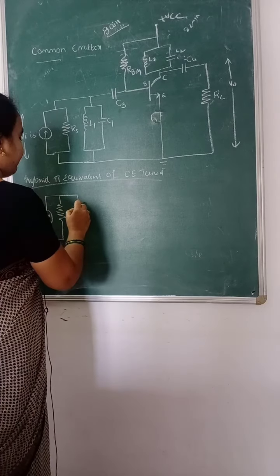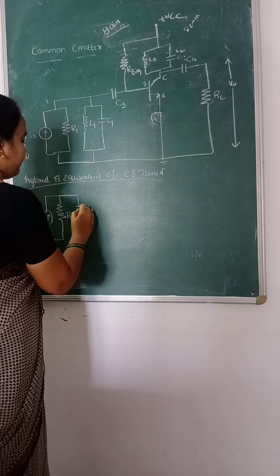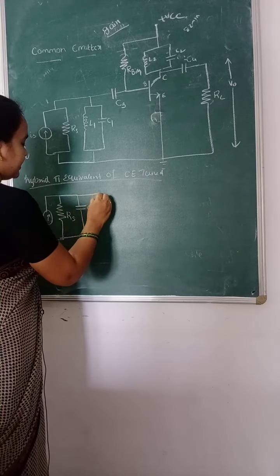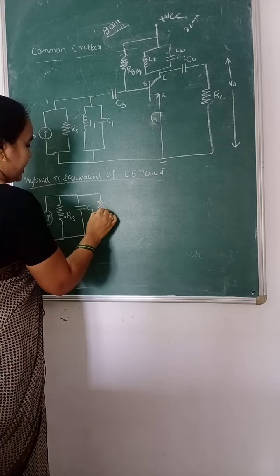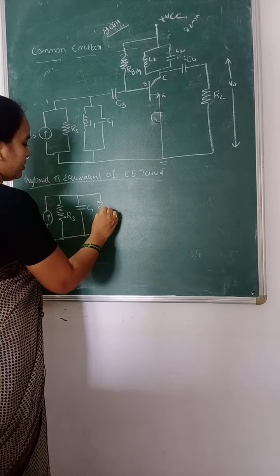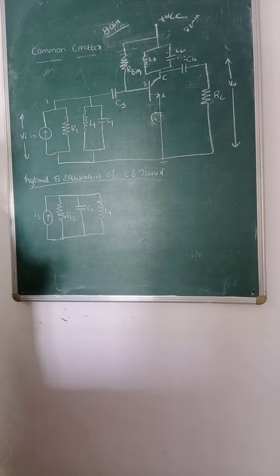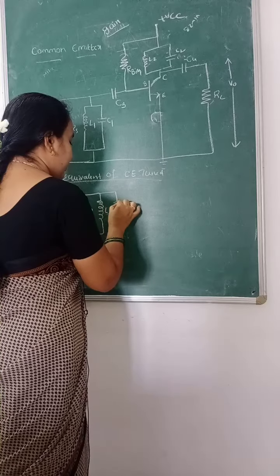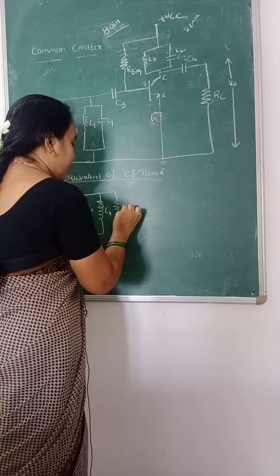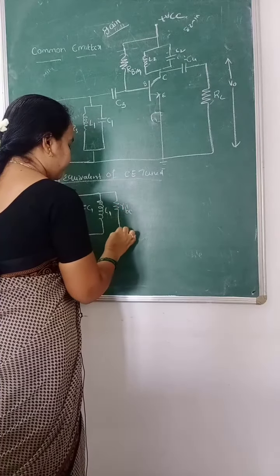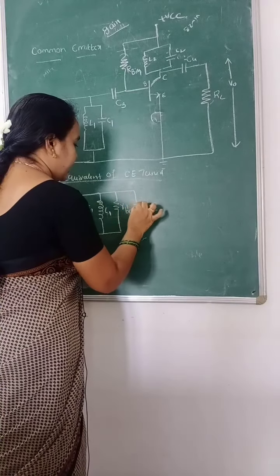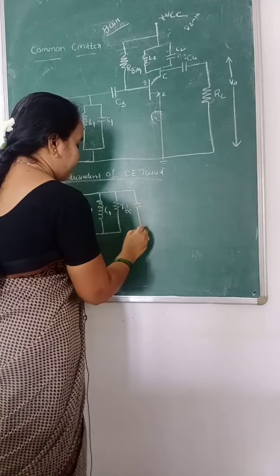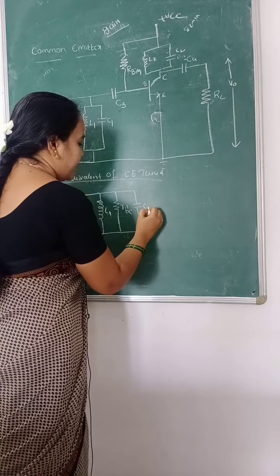Here we will have the capacitance C1, that is the tank circuit capacitance, in parallel with the inductance L1. And in the hybrid pi equivalent circuit we will have a resistance called RB-E, and in parallel combination with a capacitance called CB-E.